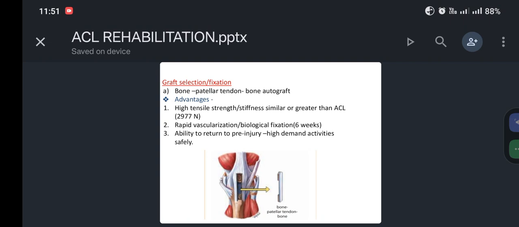Second advantage is it has rapid vascularization or biological fixation, so that it heals within 6 weeks and the patient can resume activity early, with the ability to safely return to pre-injury level high demand activities.